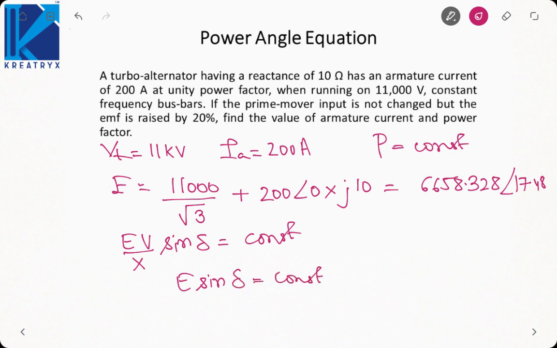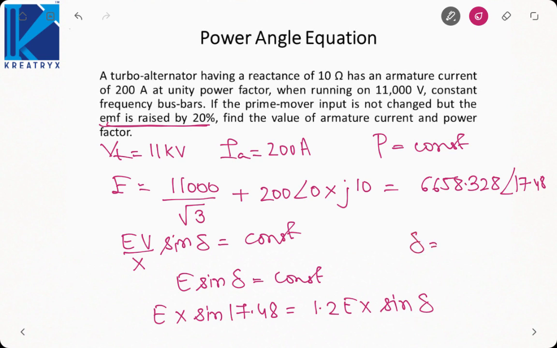If E into sine delta is constant, it means E into sine of 17.48. Now you have raised the EMF by 20%, which means it becomes 1.2 E into sine delta. So from here, if you calculate delta, it comes out to be 14.496 degree.